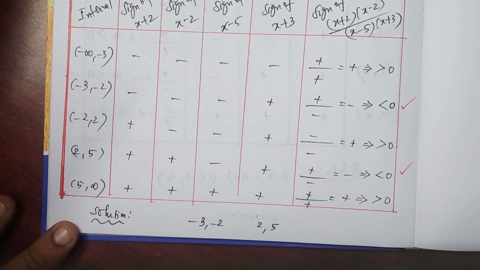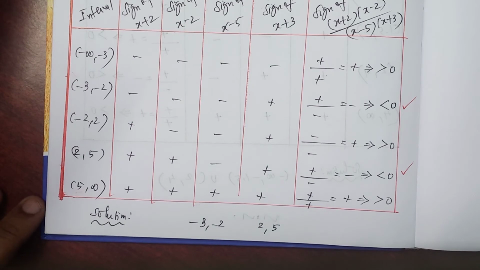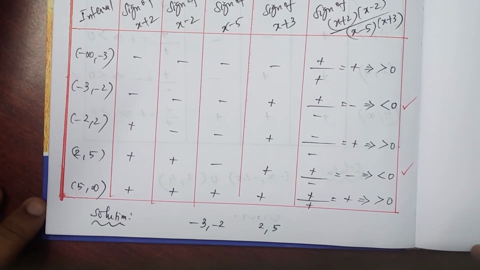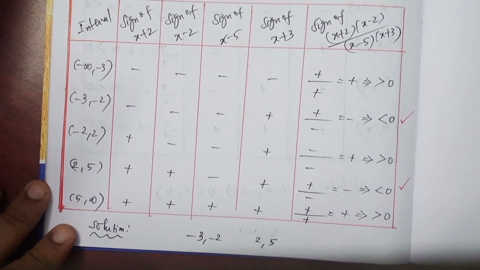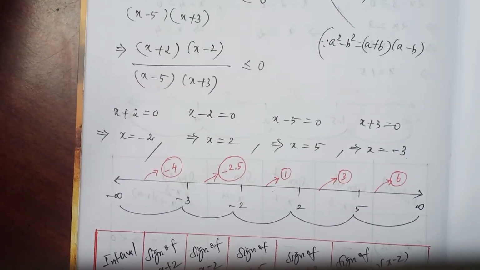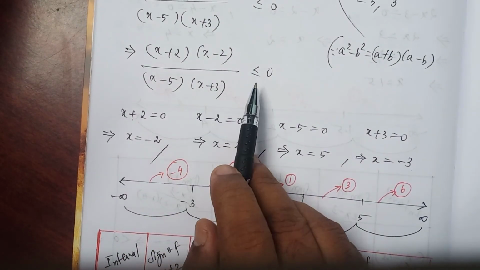Okay, right. Now I have to introduce the brackets. How to introduce? Because you are given equal to 0 also. For getting equal to 0, you have to verify one by one. I take minus 3 first. Here is that inequality, less than or equal to 0.